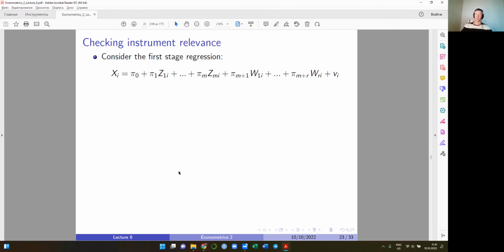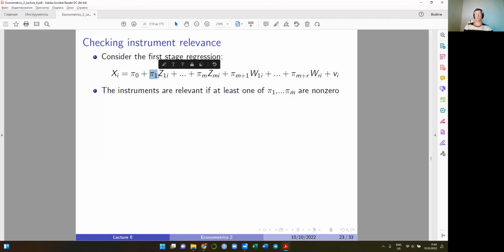First of all, how to check instrument relevance? Instrument relevance is when instruments are correlated with the problematic endogenous variables. When we look at the first stage regression, when we regress X on the set of instrumental variables and control variables, the instruments are relevant when at least one of the coefficients from pi 1 to pi m is non-zero.